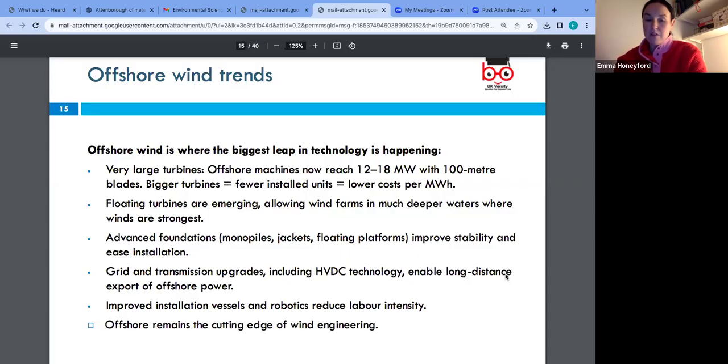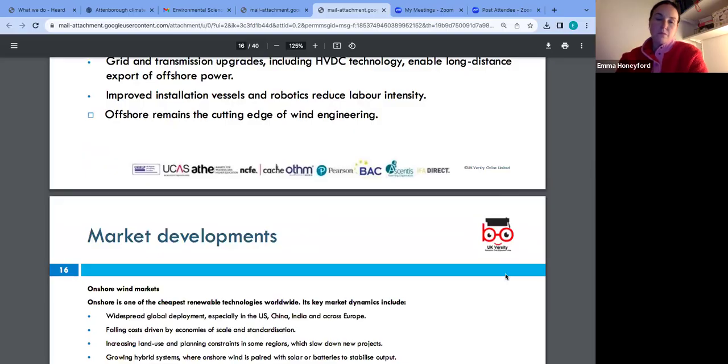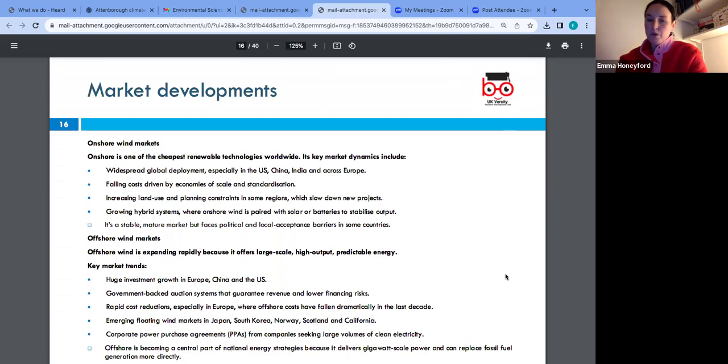So again, this thing around technology has made it a more favourable form of renewable energy and a more popular form. So offshore does remain the cutting edge of wind engineering. And I'd say it's probably the most popular form, the biggest source of renewable energy in the UK right now.